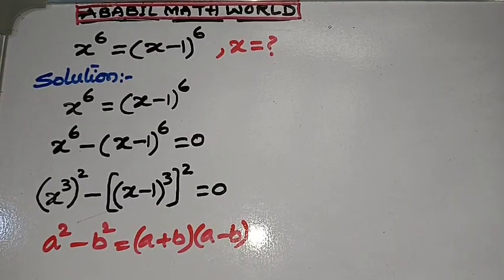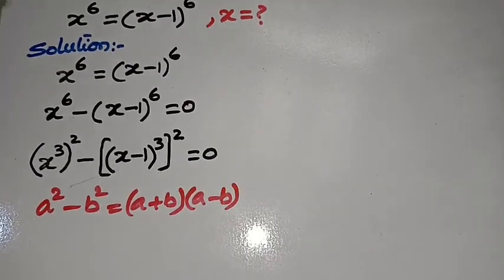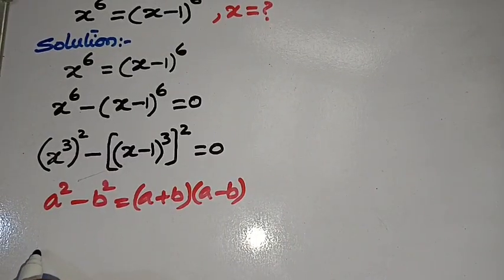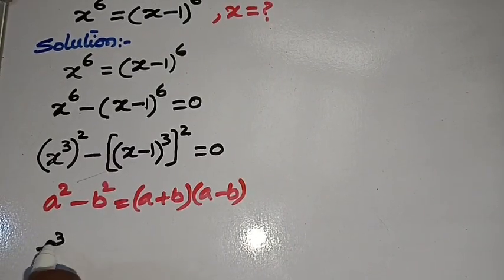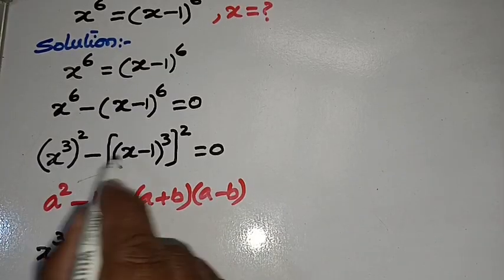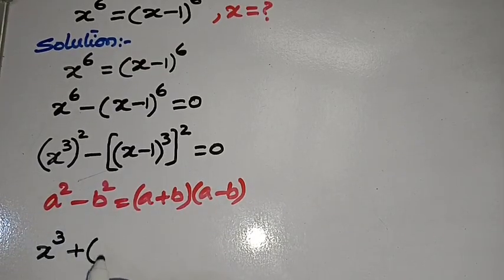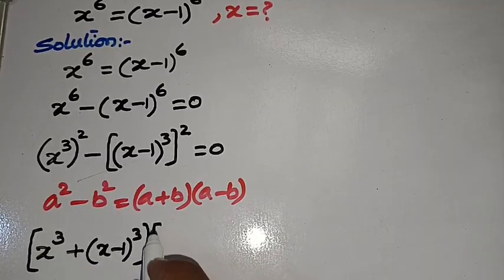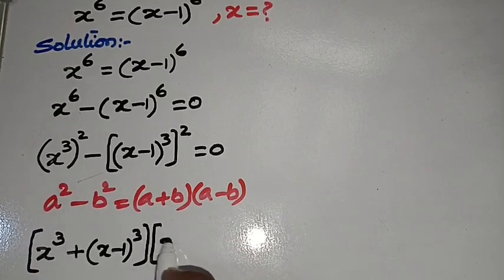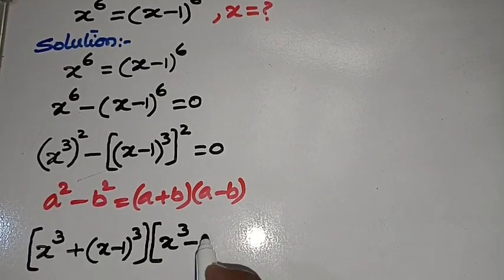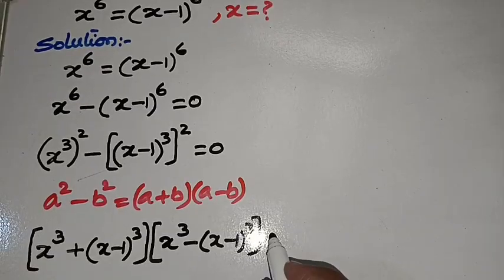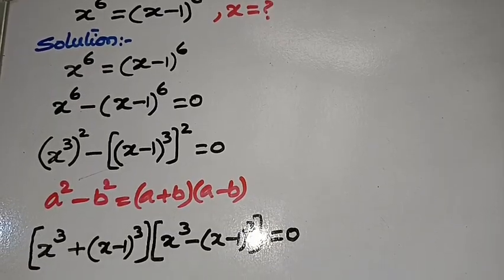So using this algebraic identity, we can write the above equation as (x cube plus (x minus 1) whole cubed), that is a plus b, multiplied by a minus b, (x cubed minus (x minus 1) whole cubed), is equal to 0.